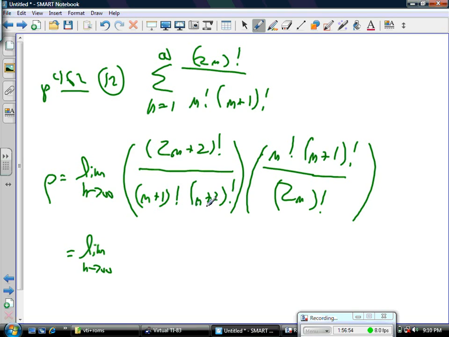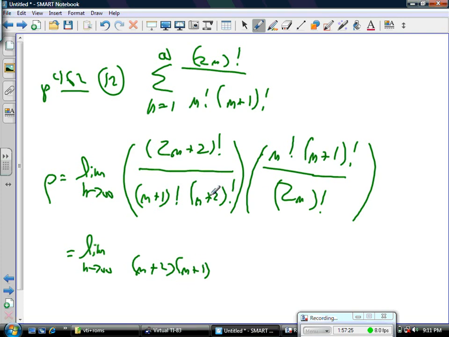N factorial to n plus 2 factorial, what does that become? Like 5 factorial over 7 factorial. That'll be 5, 4, 3, 2, 1 over 7, 6, 5, 4, 3, 2, 1. The 5, 4, 3, 2, 1 cancels and the 7 times the 6 remain. So what's left? I get left n plus 2 times n plus 1 on the bottom.